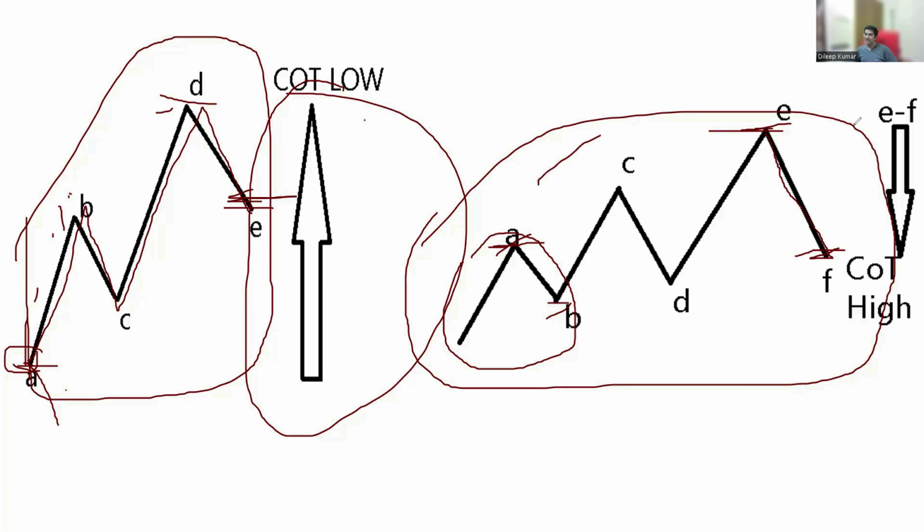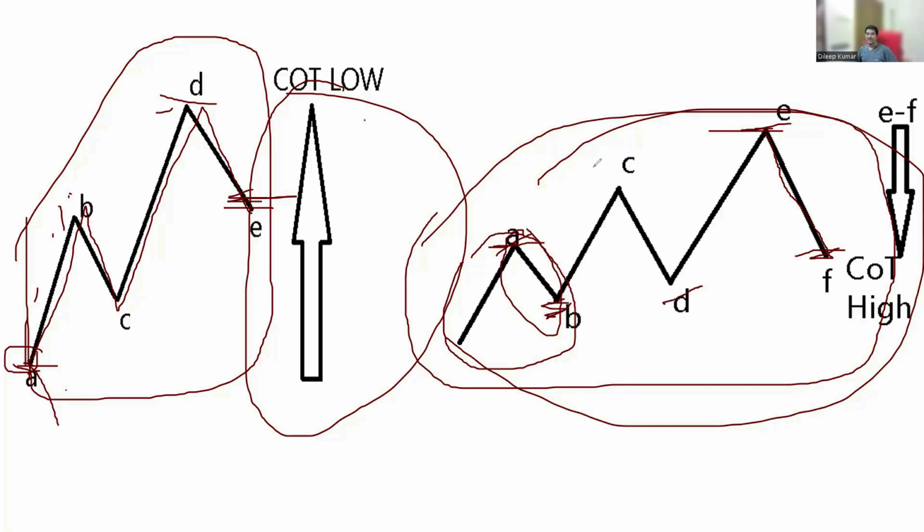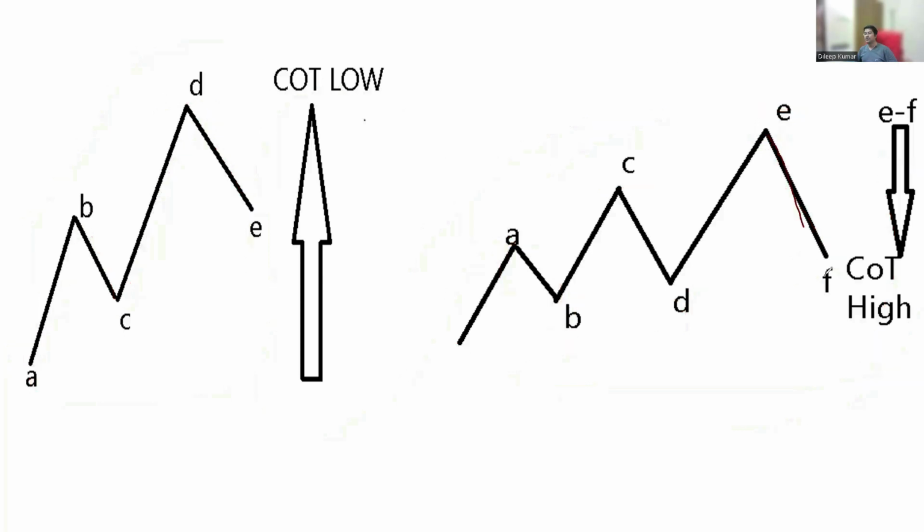If you split this 5 minutes into 1 minute, then you will see a COT high here, from C to D a COT high here, and from E to F a COT high here, separately. Now, what is happening when the COT high is forming? A greater amount of sellers are pushing the prices.